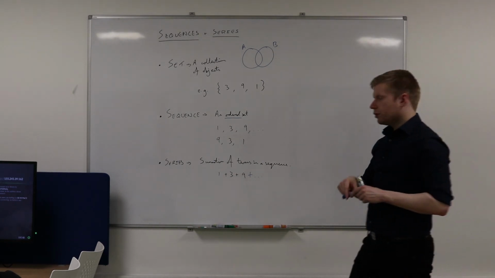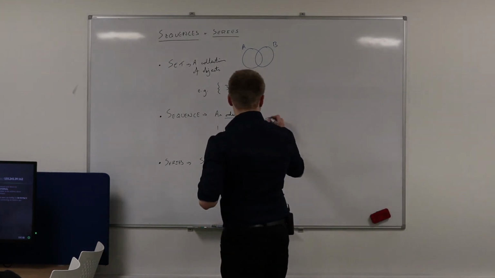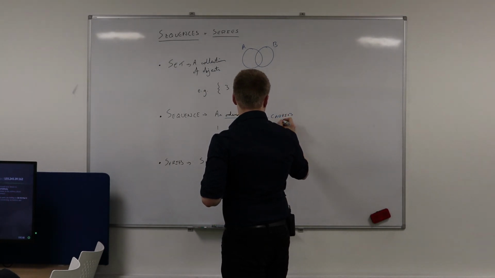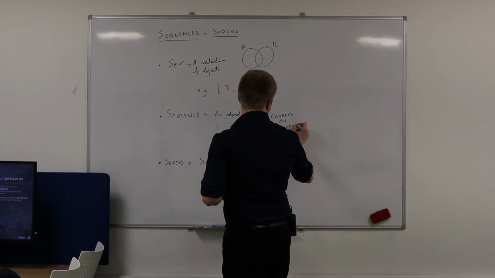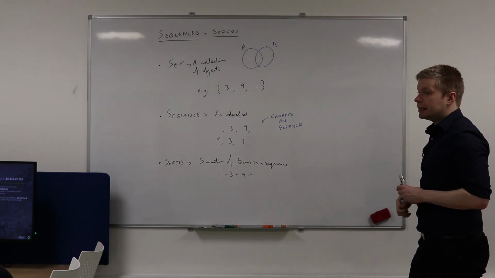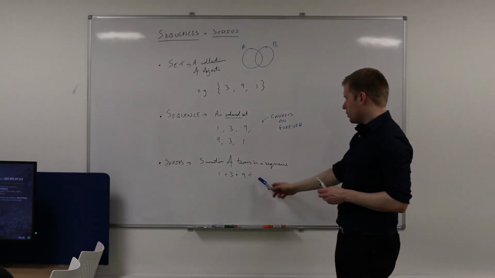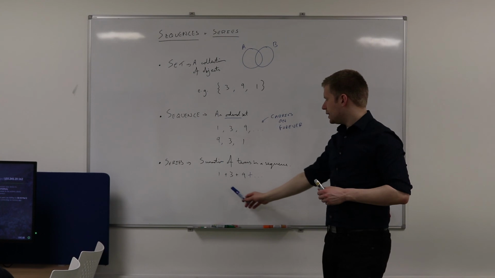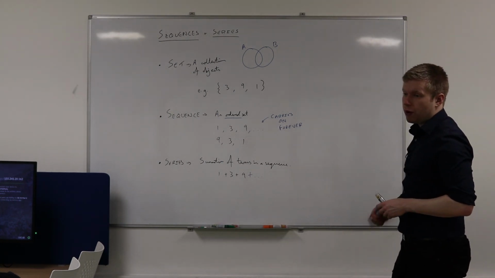Absolutely, it carries on forever. Okay, so it carries on in the same way forever. So it's a nice way to continue. If you see me writing those 3 dots, it means that it is an infinite sequence. Or if you see me writing the 3 dots in the context of a series, it means it's an infinite series. It carries on forever. Okay.